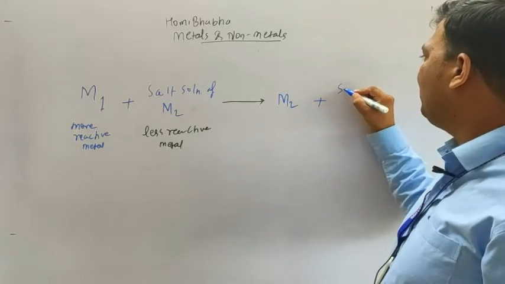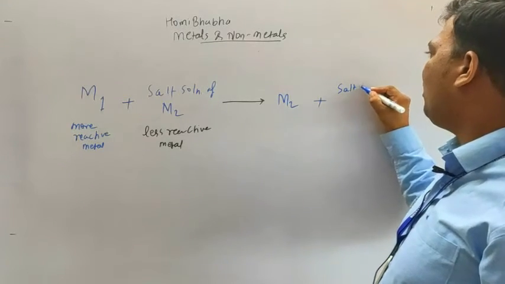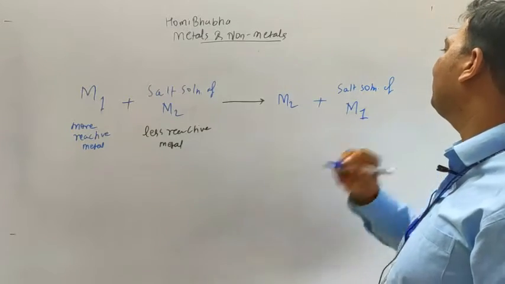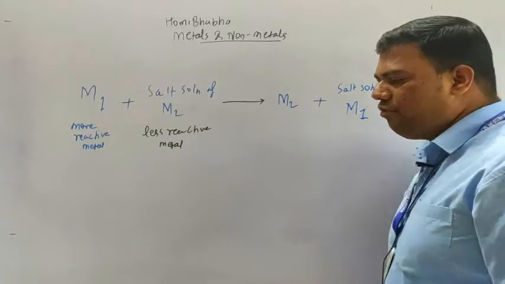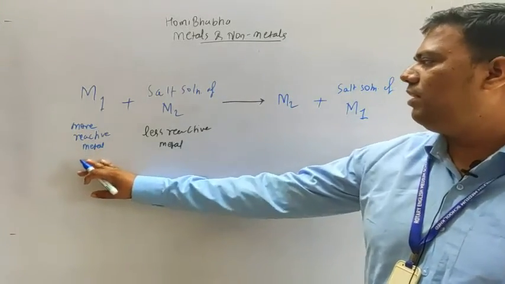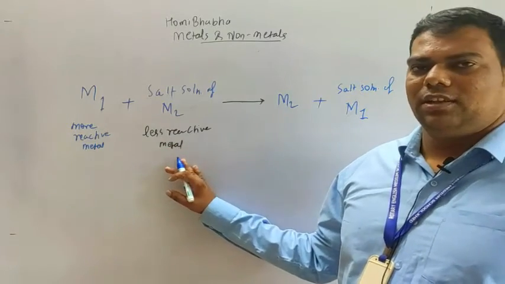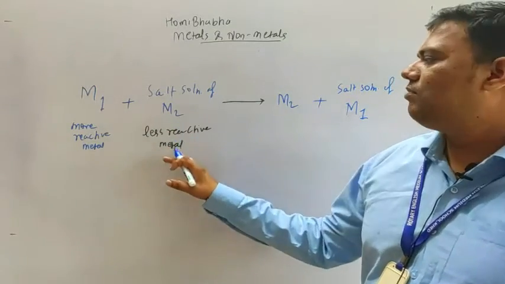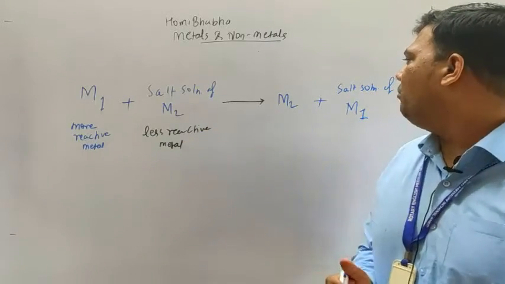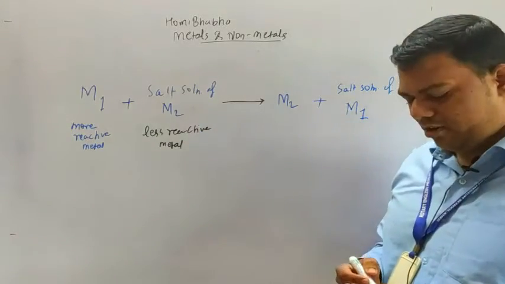You will get M2 plus salt solution of M1. So understand this: a more reactive metal displaces a less reactive metal from its salt solution.